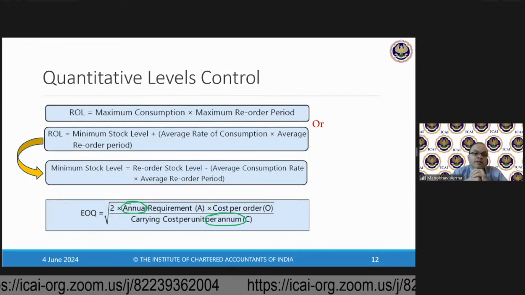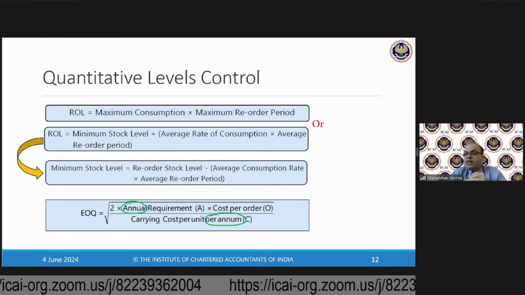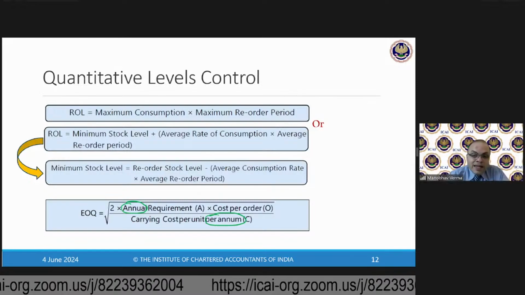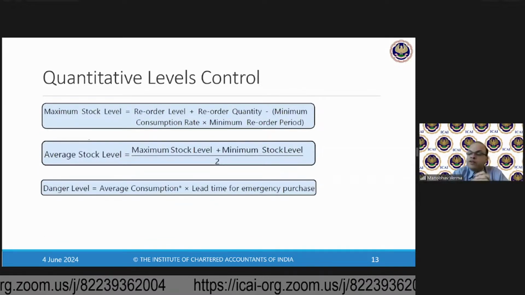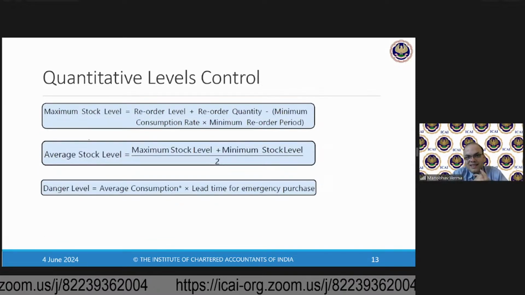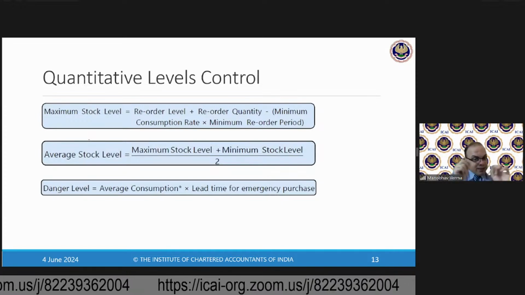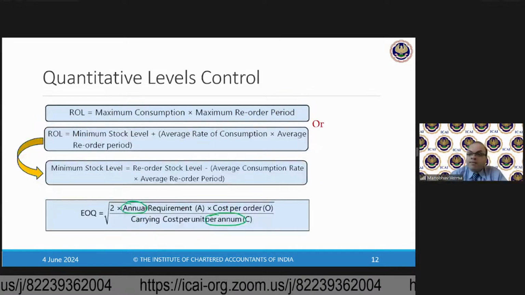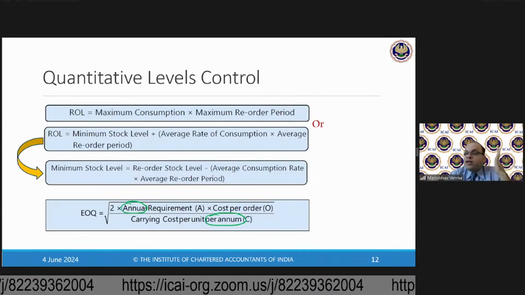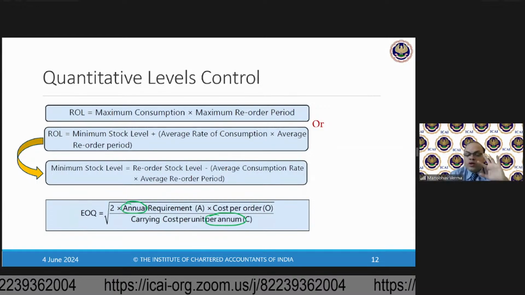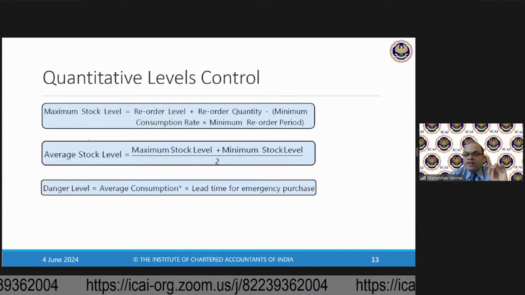Some students think that, okay, my maximum level should be that, not the reorder level. No, this is not the case. So we are calculating the maximum stock level with a different formula altogether. Maximum stock level is not maximum consumption into the maximum reorder period. That's the way to calculate reorder level though. Don't confuse yourself with the word maximum here, please.